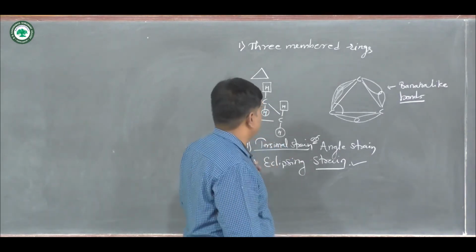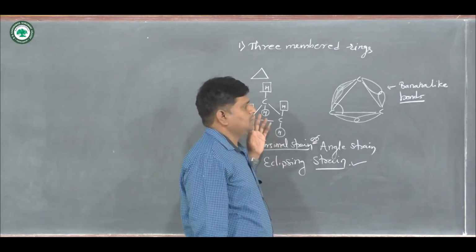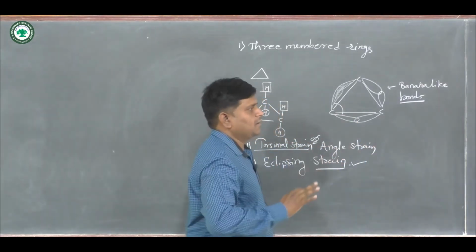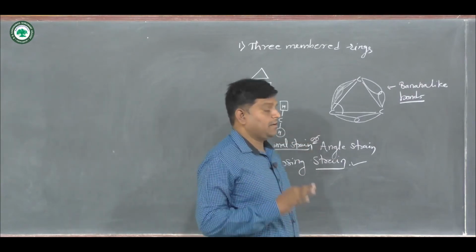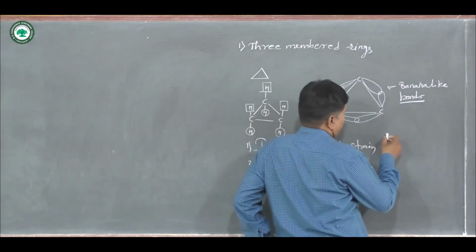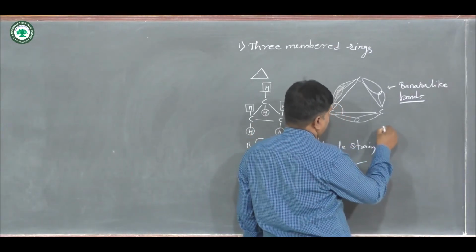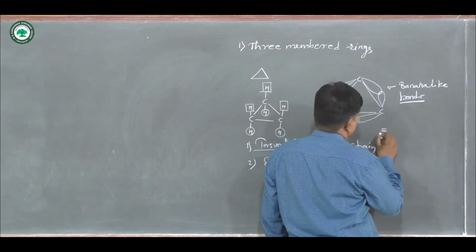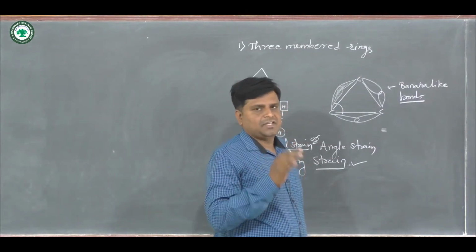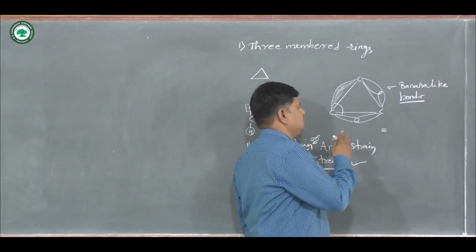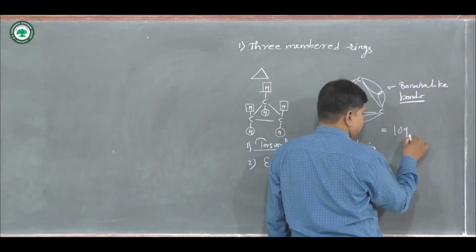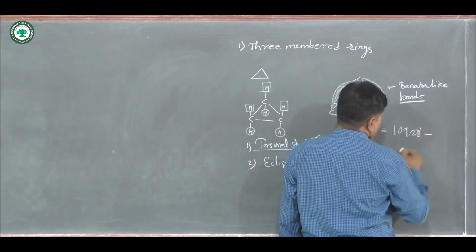Okay, so you remember this one, and here this is the actual structure of the three-membered ring system. Here, angle strain is calculated by using the actual angle, which can be less than the tetrahedral angle, and the tetrahedral angle is nothing but 109.28 degrees.